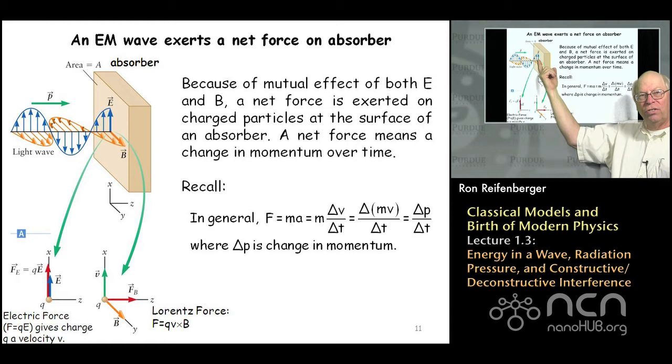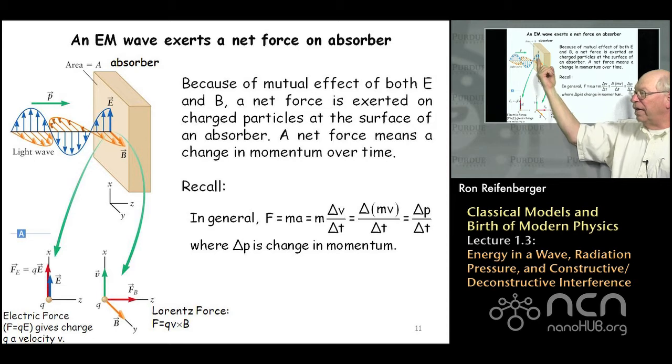So any charges in this absorber will experience a force produced by this electric field. That force will cause the charge to oscillate back and forth in time, right? If the charge is a positive charge, it'll follow the direction of the electric field. If it's a negative charge, it'll move in a direction opposite to the electric field.